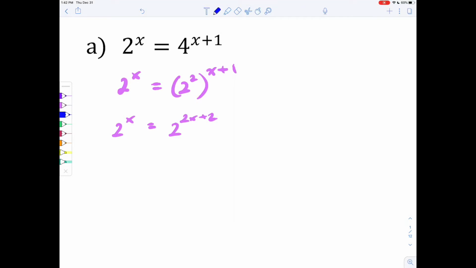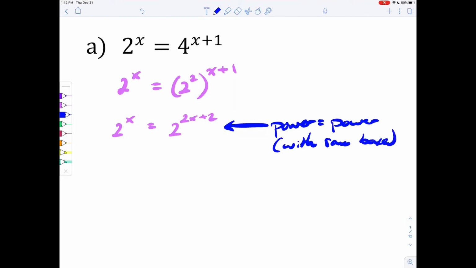And at this point, we just straight up have power equals power, and that's, of course, with the same base. Because if we have that, then we can proceed and say that as a result of this, therefore, x is equal to 2x plus 2.